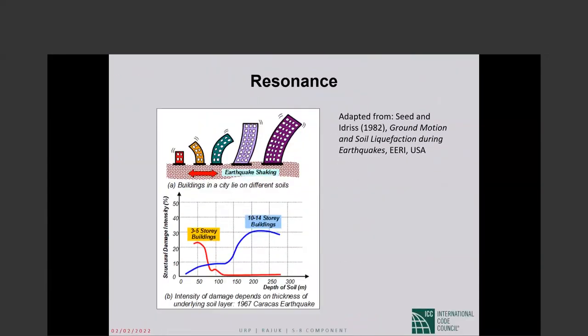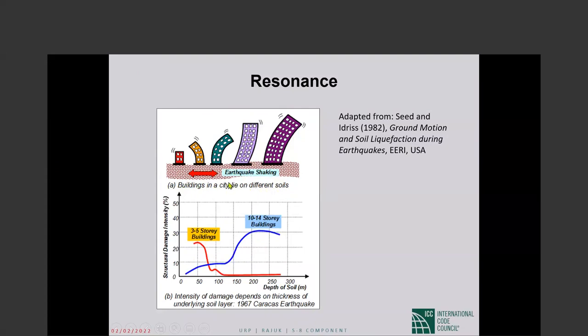Now, another aspect of the same thing, another look maybe at what we are talking about. So the top caption is saying, buildings in a city lie on different soils.